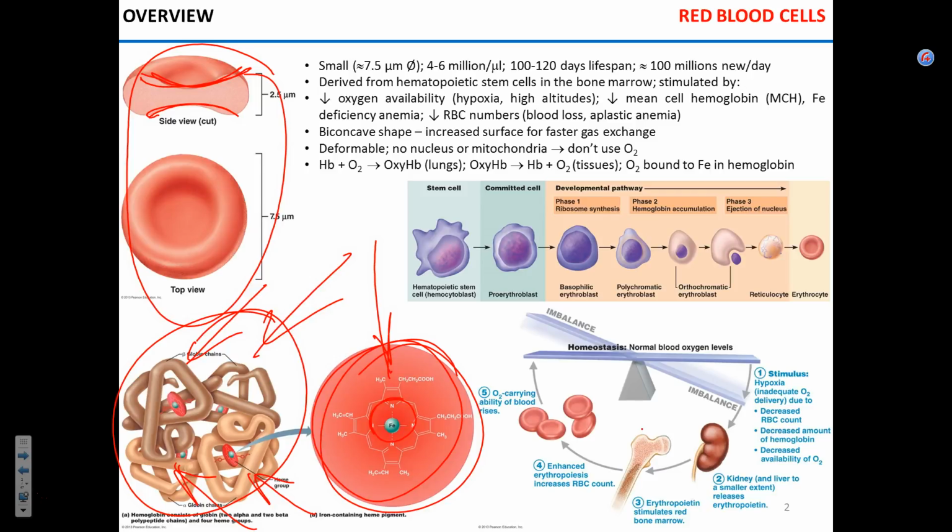So basically, the only function of red blood cells that contain an enormous amount of hemoglobin is to carry oxygen that's bound to hemoglobin molecules. So if one iron can bind one molecule of oxygen, and each molecule of hemoglobin contains 4 irons, how many oxygens can be carried? 4.